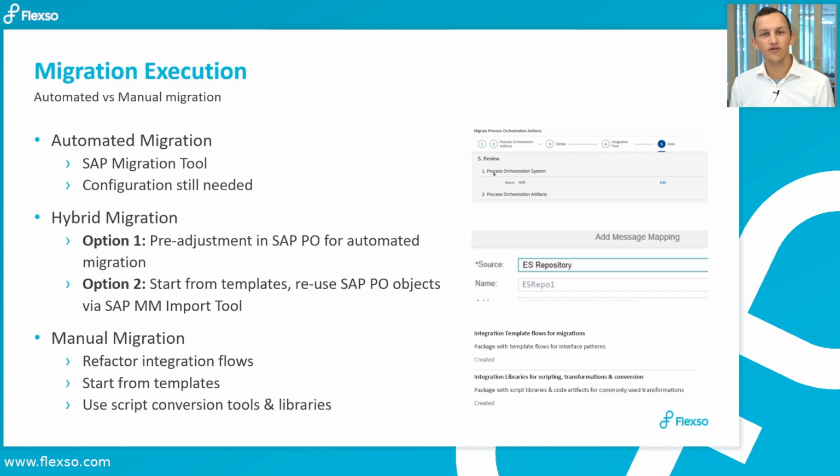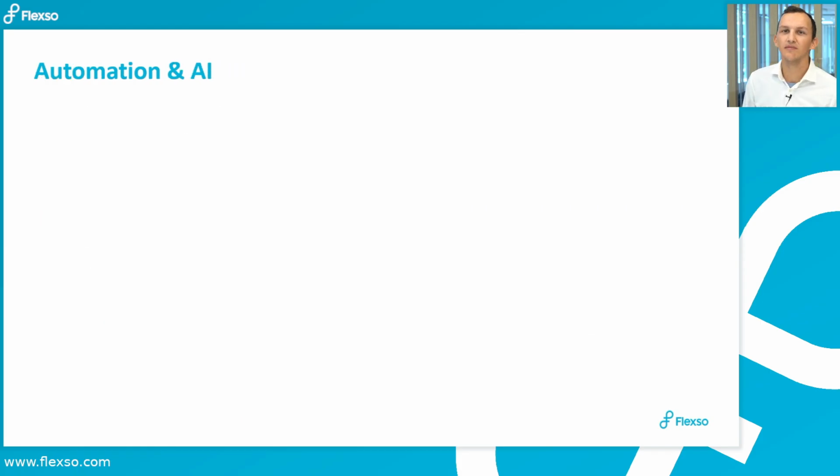For our third approach, we have a manual migration. So here we will refactor all of the integration flows. We will prepare templates so that we don't have to start from scratch. And we will use script conversion tools and libraries. Now, if we have a deeper dive into those tools, we split them up in two sections.